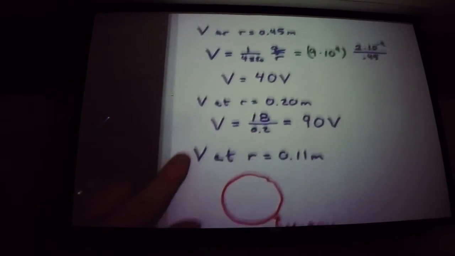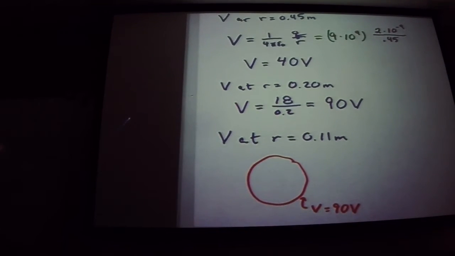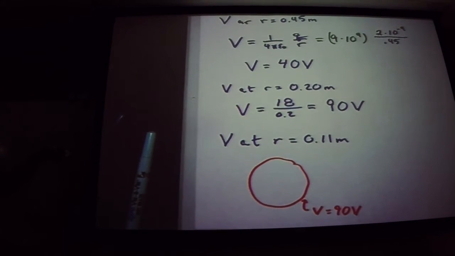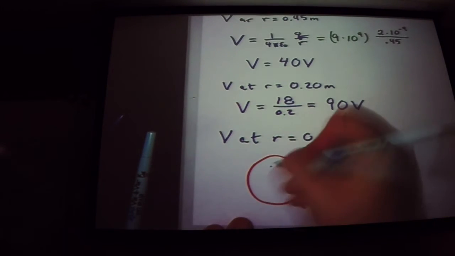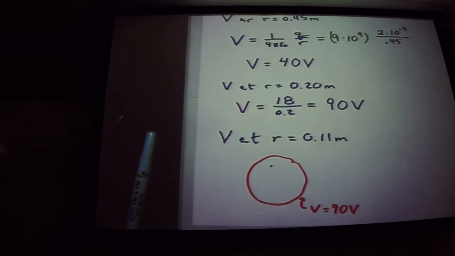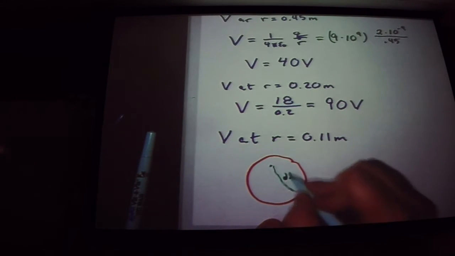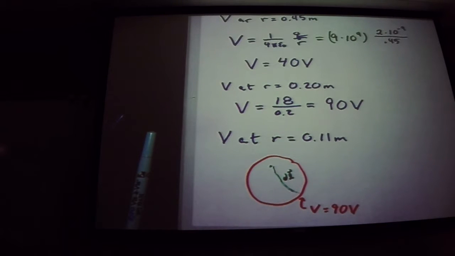Okay? Now we're inside the metal sphere. Let me go anywhere inside the metal sphere. I don't care. Put that point charge right there. If I go from the surface along a dl inside the metal sphere, the sphere is metal.